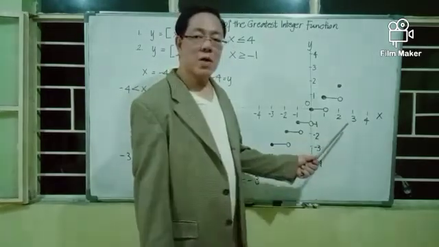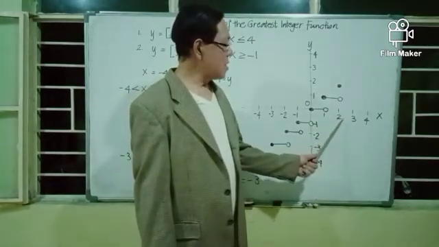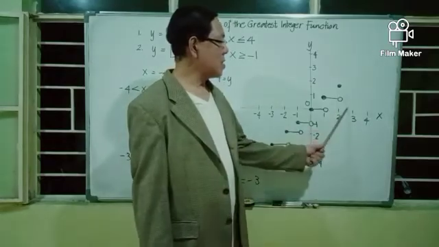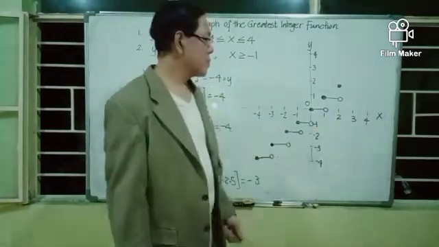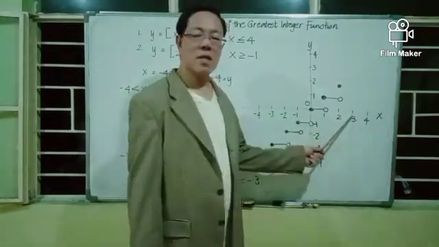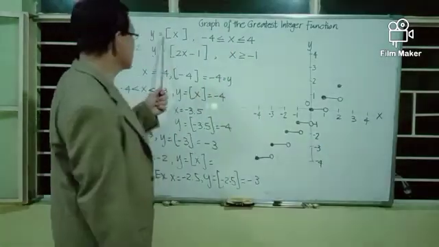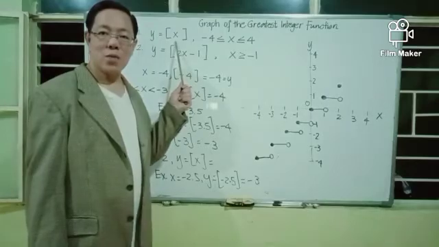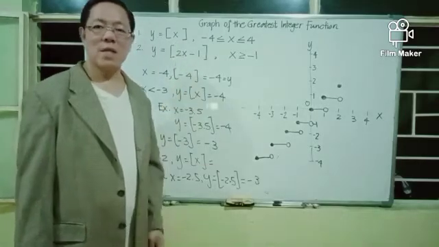Hence, for real numbers greater than 2 but less than 3, the value of y is always 2. Except when x is 3, because when x is 3, the floor of 3 is not 2 but 3.